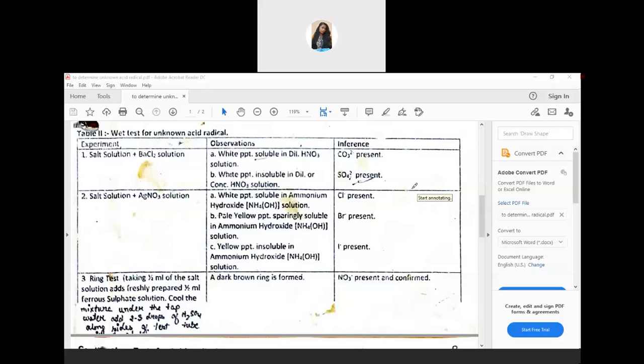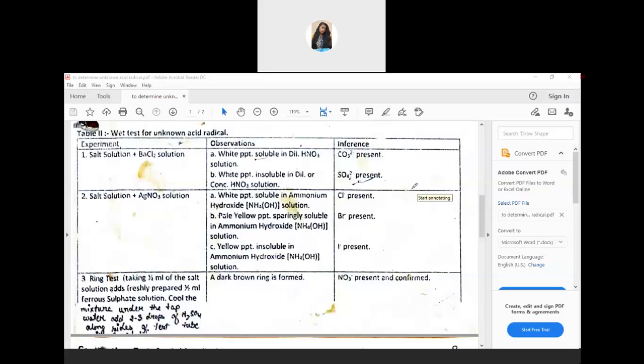If the white precipitate is soluble in the nitric acid, that means carbonate is present. If it is insoluble in dilute or concentrated nitric acid, that means sulfate is present.